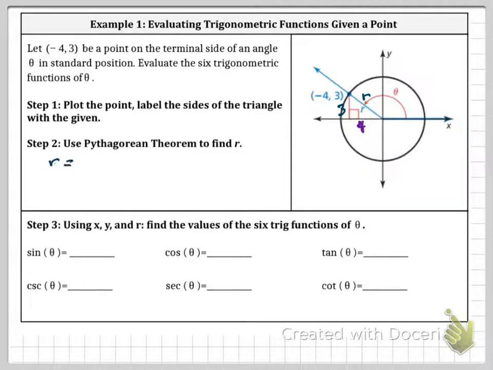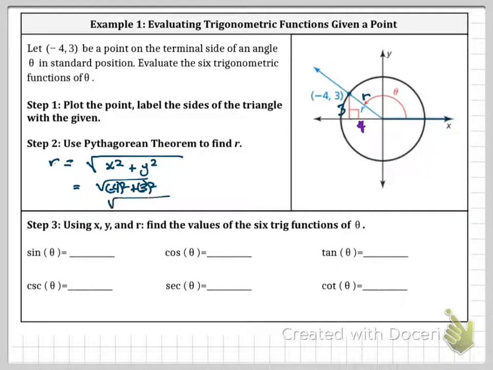So r equals the square root of x squared plus y squared, that's the square root of (-4) squared plus 3 squared.